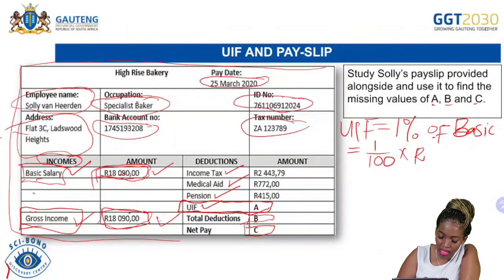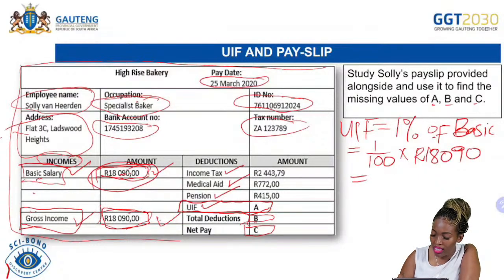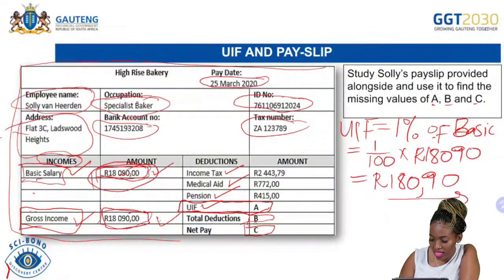And what is our basic? It is 18,090. So when we calculate 1% of this, the answer is 180.90 cents.